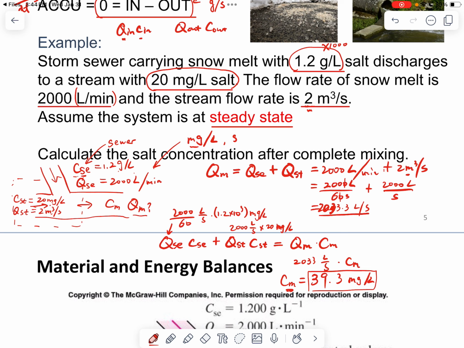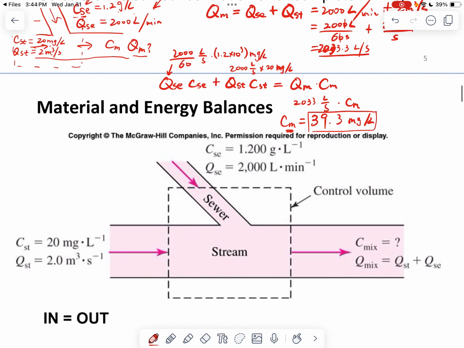It just doubled the concentration of the salt in the water, which might be quite significant in terms of the ecosystem in the stream water, right? So that's why for the sewer water, some wastewater treatment systems also treat the sewer water before you discharge them directly into the environment.